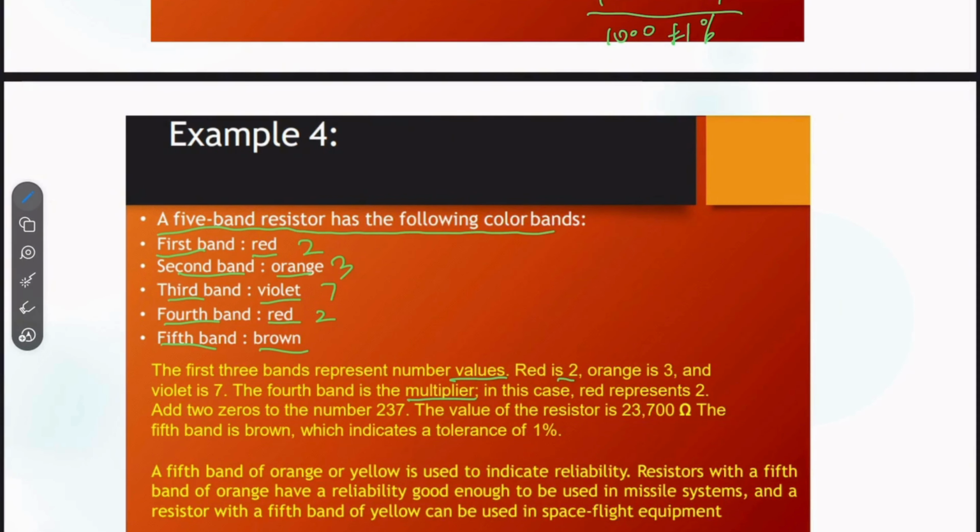The brown is the tolerance, brown is 1%. So we'll have 237 times 10 to the 2 plus minus 1%. So the value for this resistor will be 23,700 ohms plus minus 1%.